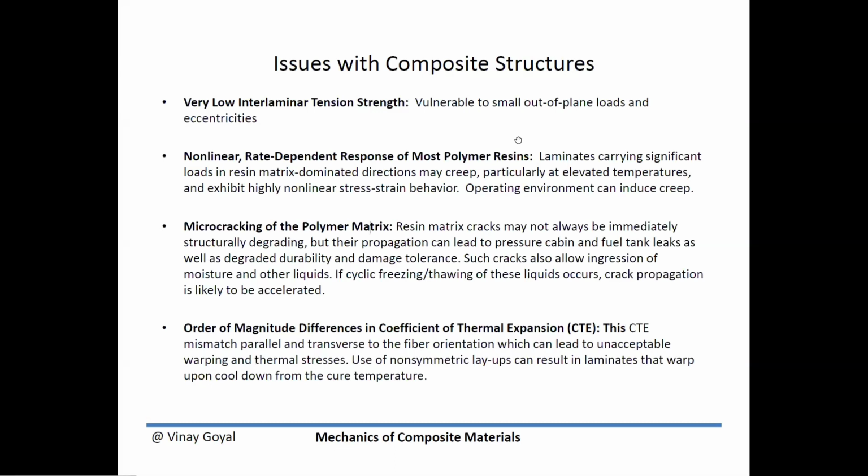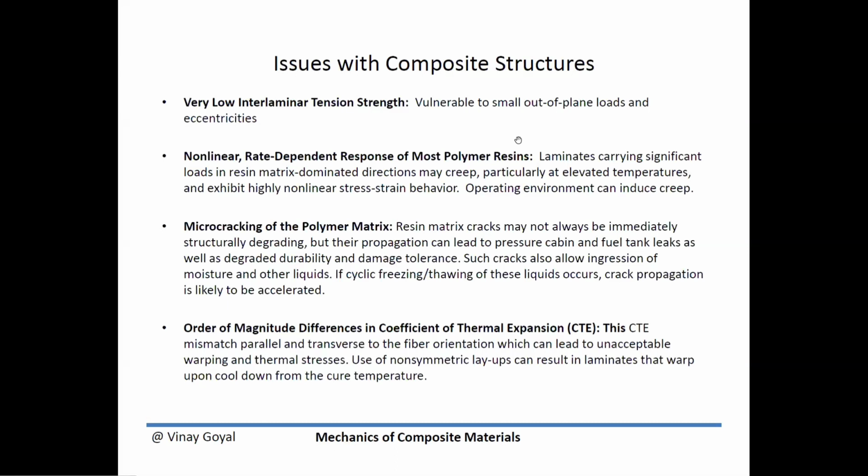Microcracking of a polymer matrix is something that could happen. Resin matrix cracks may not always immediately degrade the structural properties, but their propagation can lead to pressure cabin or fuel tank leaks, as well as degradation in the durability and damage tolerance. Such cracks can allow the ingression of moisture and other fluids.